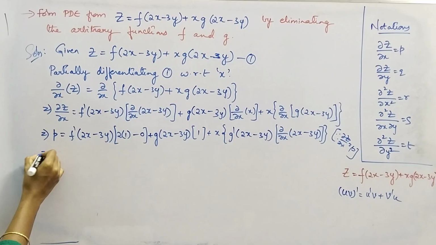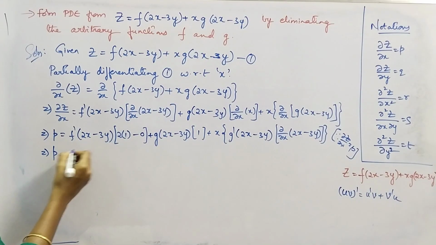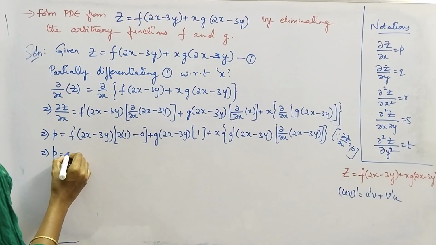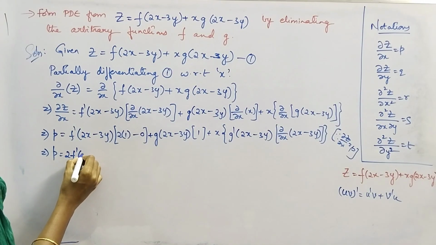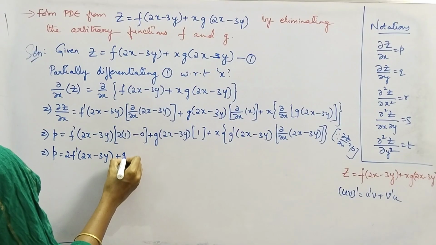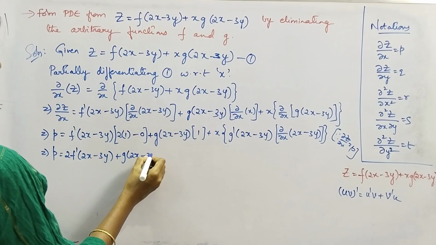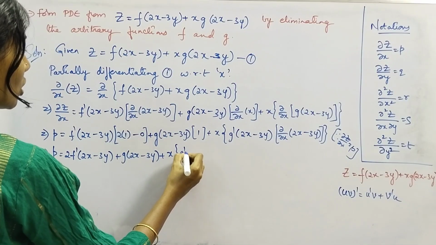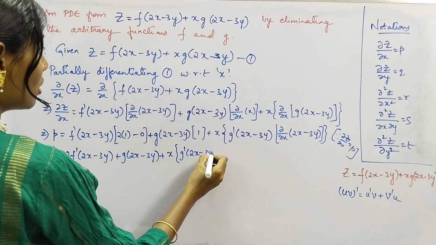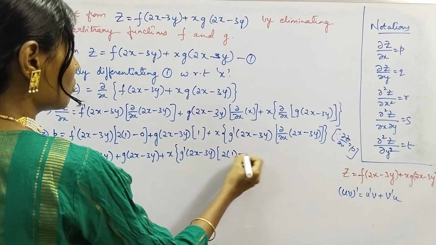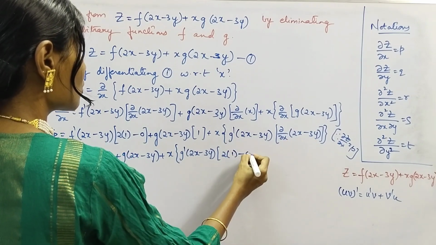This gives us p equal to 2 into 1 is 2, 2 minus 0 is 2, 2 into f dash, that is 2 into f dash of 2x minus 3y. Plus 1 into g is g of 2x minus 3y, plus x times g dash of 2x minus 3y into partial derivative of x with respect to x which is 1, minus partial derivative of 3y with respect to x which is 0.